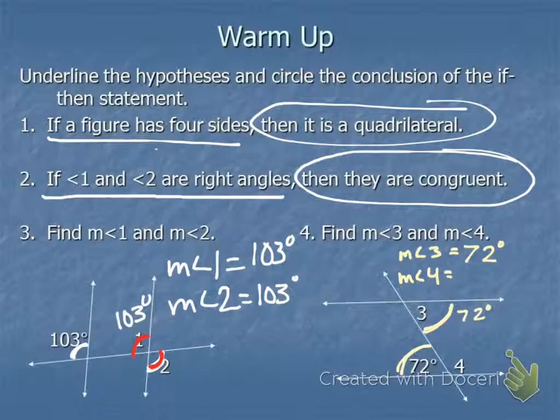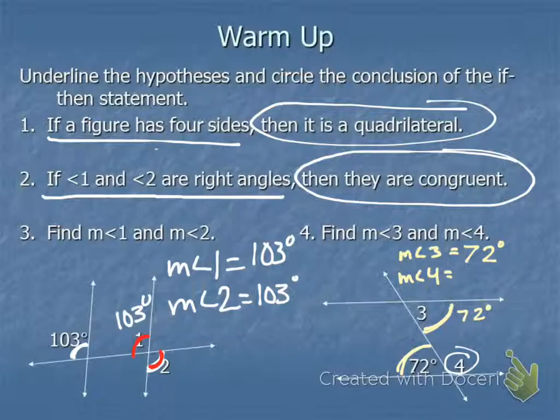Again, just like last time, there are 2 different ways we could think of finding the measure for angle 4. Both of them involve the same process. But angle 4, can anyone think of how we could find its measure? One way you've known for weeks and weeks and weeks, one you just learned. They add to 180.